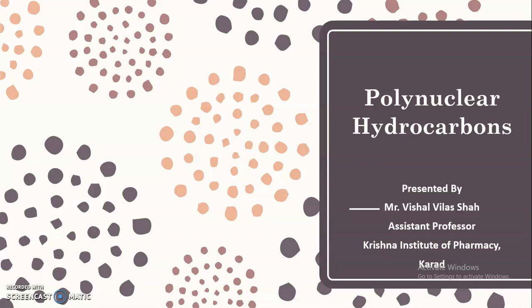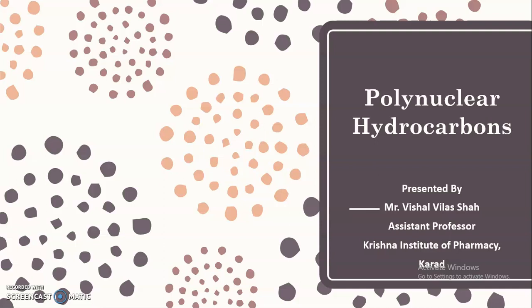That is, in this video we are going to discuss the different uses of the polynuclear hydrocarbons that we have seen. Up to this point, we have covered all polynuclear hydrocarbons including naphthalene, its derivatives, then anthracene, its derivatives, then also phenanthrene, diphenylmethane as well as triphenylmethane.